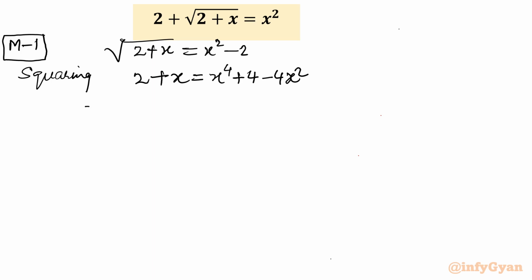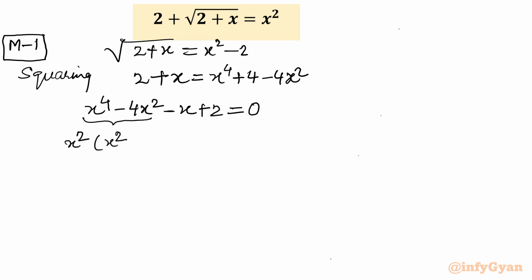Done. So x to the power 4, take all the terms to one side: minus 4x squared minus x plus 2 equals 0. Now I will take x squared common from here. So I will have x squared minus 4, and from the last two terms I can take minus 1 common, then x minus 2.